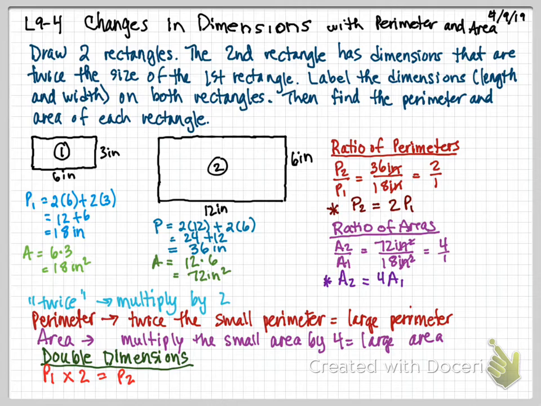We take our small area, multiply it by 4, and it equals the large area. You might say, why is the area multiplied by 4 and not by 2? Think about it. Each dimension is multiplied by 2, so multiplying by 2 and multiplying by 2 is the same thing as multiplying by 4.